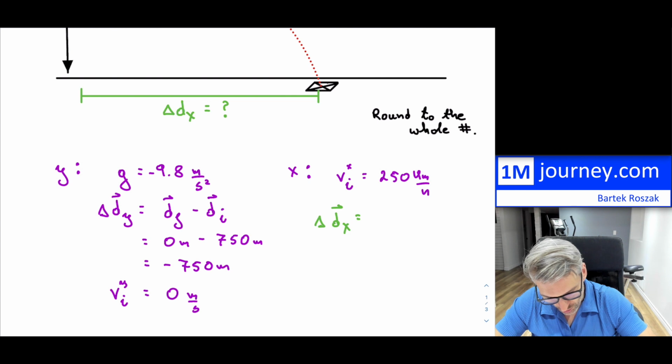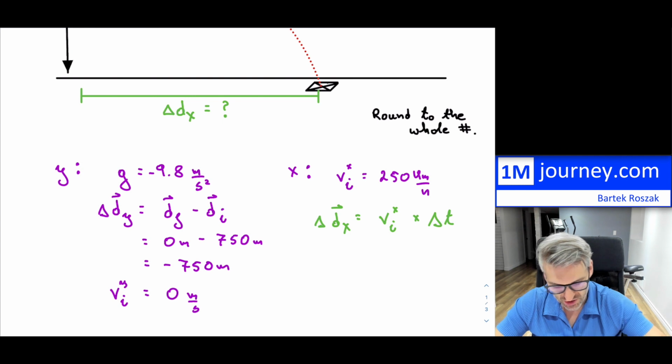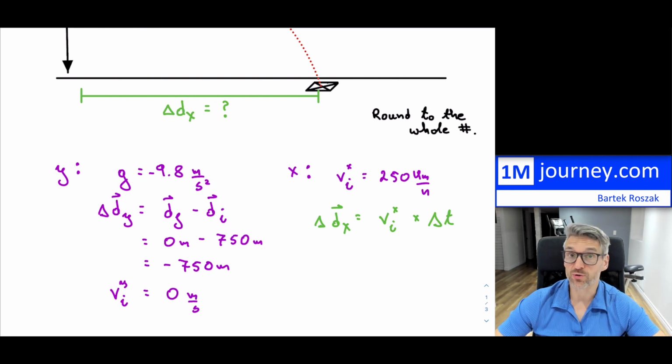So this is really just your actual speed multiplied by the amount of time that this package is in the air. There are no accelerations here. I know we're neglecting any resistances, so really this is the equation that we have.